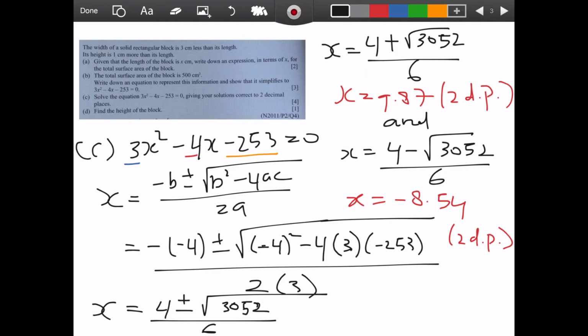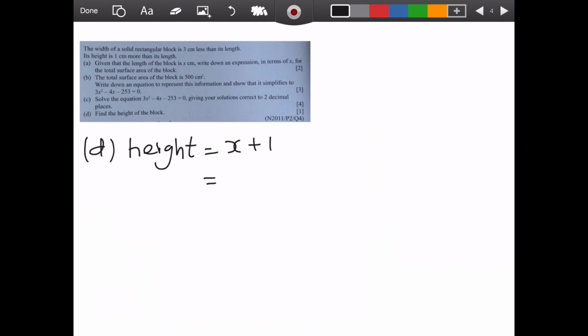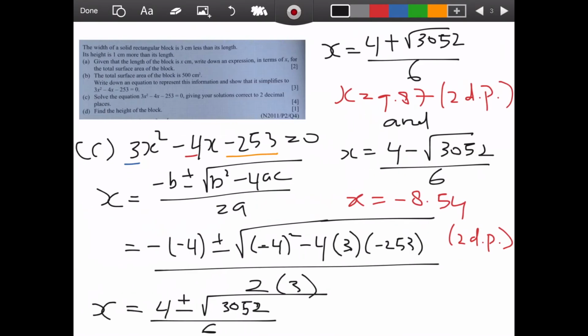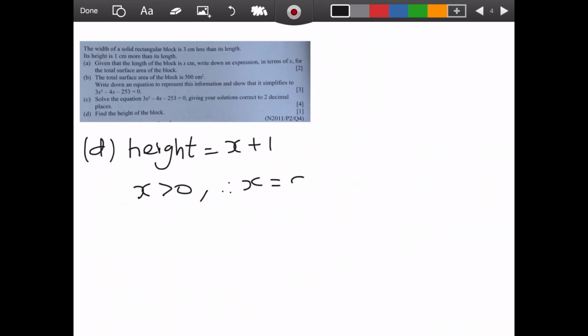Okay, so over here we just put a comment, x has to be, maybe you can just put a symbol so that it's faster. You just say x is more than 0, therefore x is equal to 9.87.